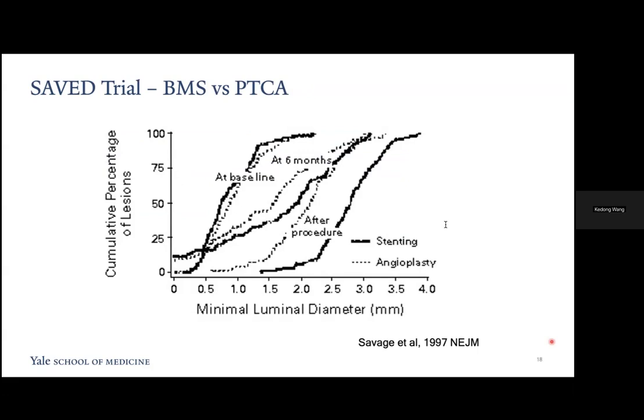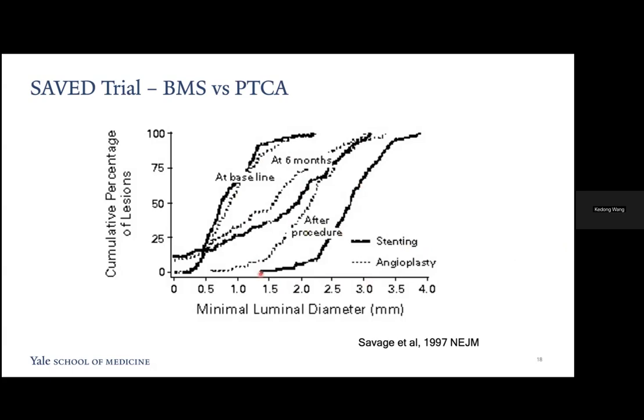The first seminal trial was the SAVE trial, and they compared bare metal stent, state of the art at the time, versus pure balloon angioplasty. There were 220 patients randomized into either bare metal stent or balloon angioplasty.